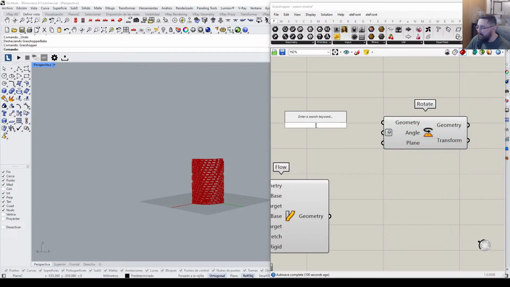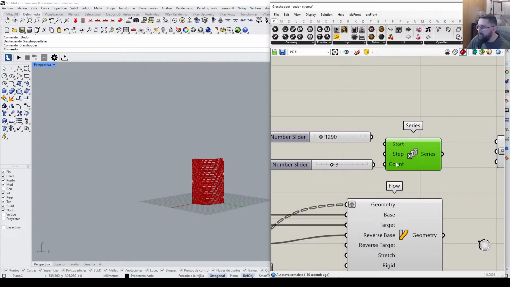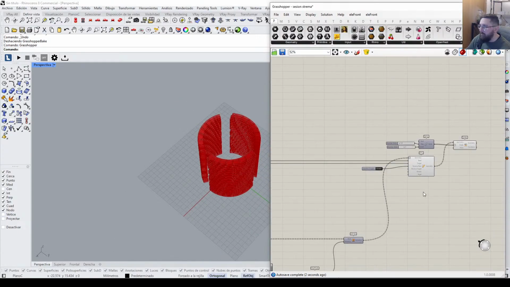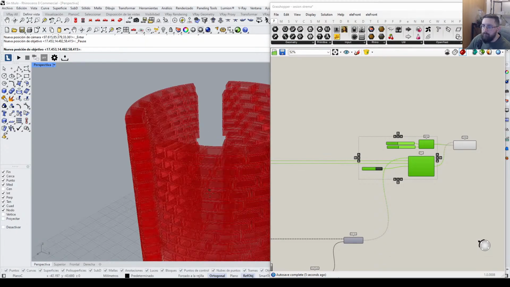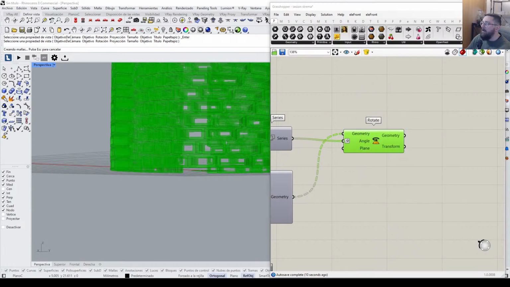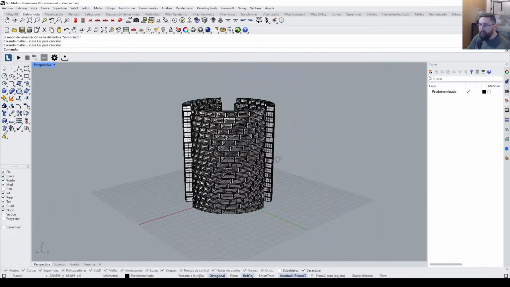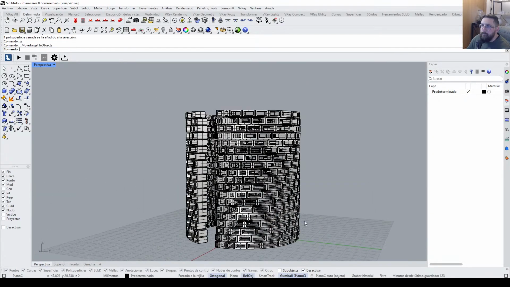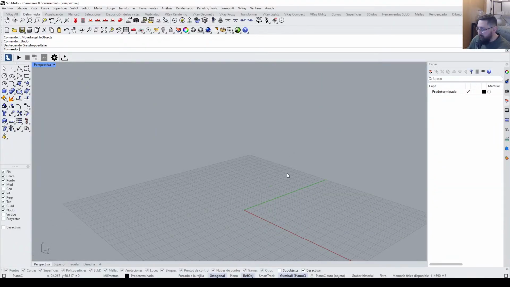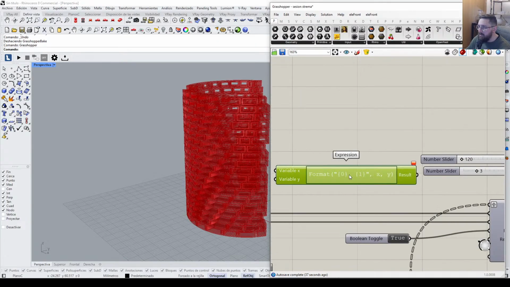Degrees. Just want to try this out. Oh, what just happened? Sombrero. Expression.